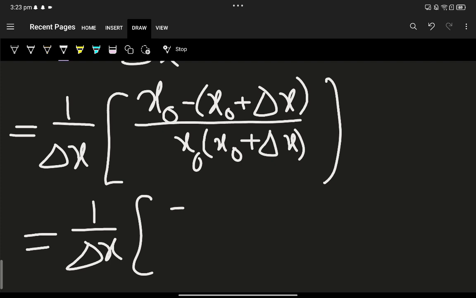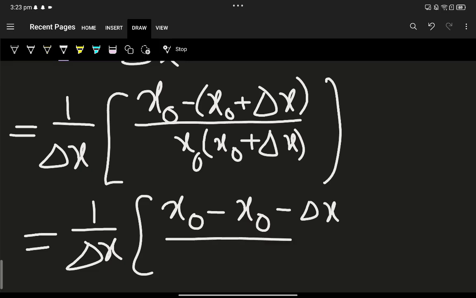Okay, so let's do this. X naught minus x naught minus delta x upon x naught square plus x naught plus x naught plus delta x, and this will be x naught delta x, right?